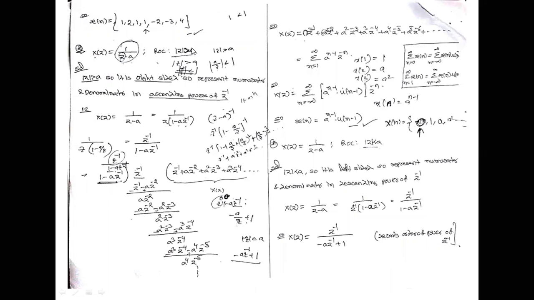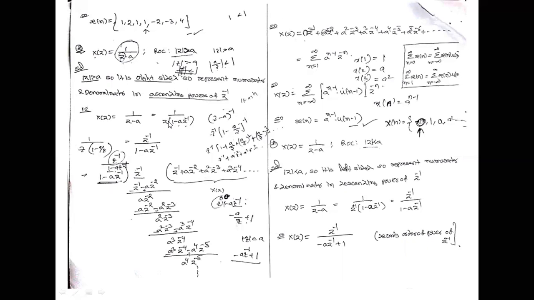Only you have to remember that one. So the given ROC is greater than a, the power series method, or the long division method. Because it is right-sided, remember that it is ascending powers of z power minus 1. Okay, x of z is given 1 by z minus a, positive powers.